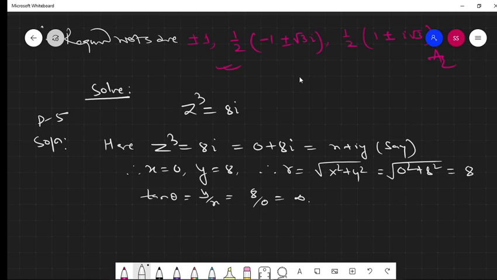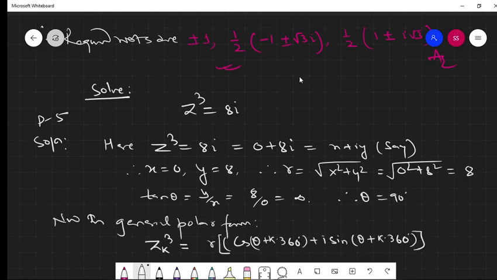Now in general polar form, z_k cubed equals r times cos of theta plus k times 360 degrees plus i sin of theta plus k times 360 degrees. This is the general polar form.